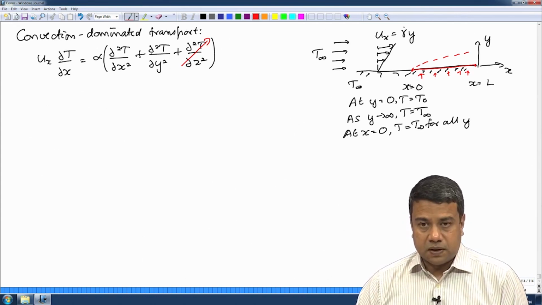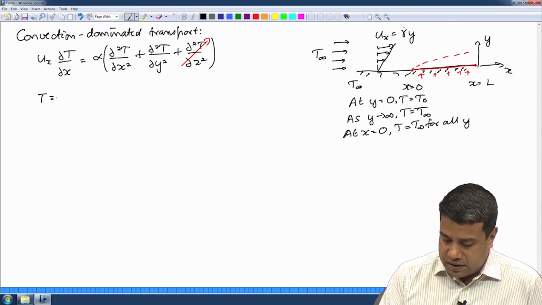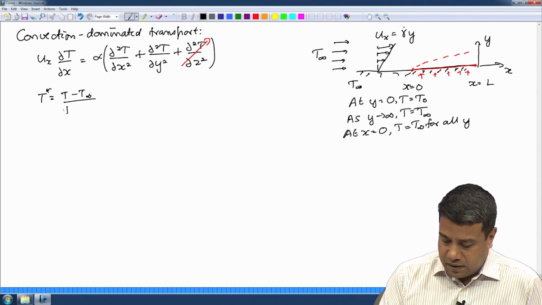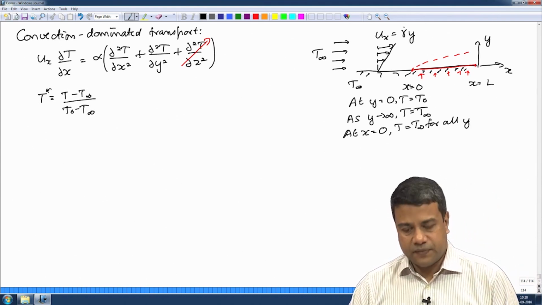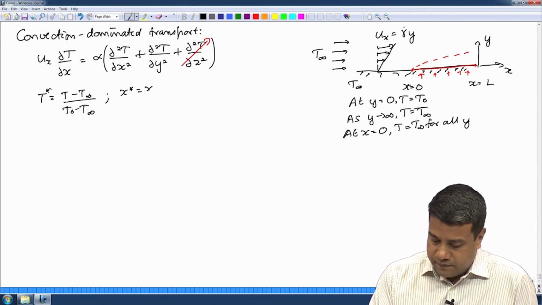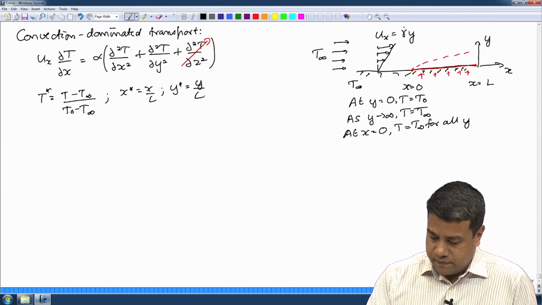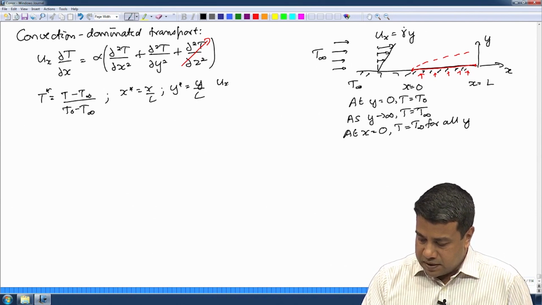So, then we scale coordinates. The natural scaling for temperature is T star equal to T minus T infinity by T naught minus T infinity, the scaling that we have always used. The length scales, and ux star.